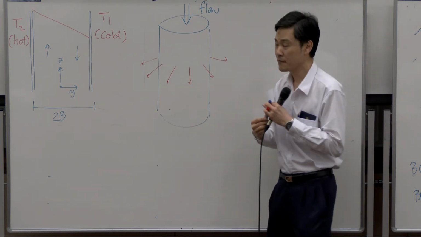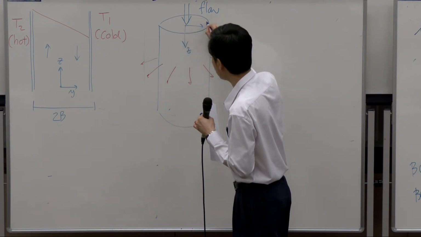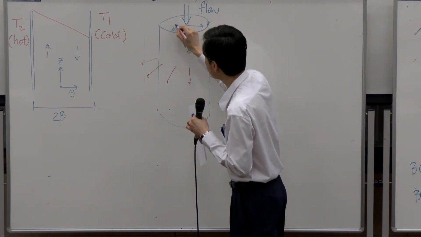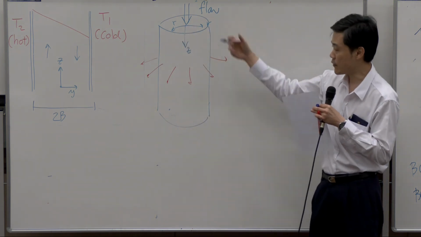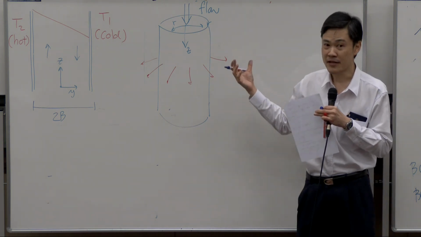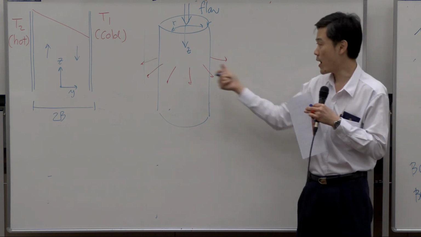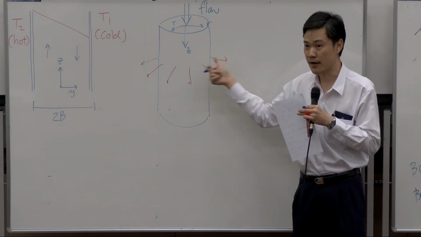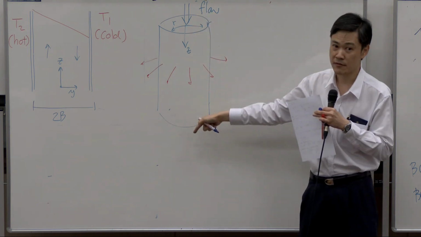So if I put the axis like this, we have z-axis, r-axis, r from the center to the circumference. Now we have energy transport in two directions. One is in the r direction for sure. Another one is in the z direction.